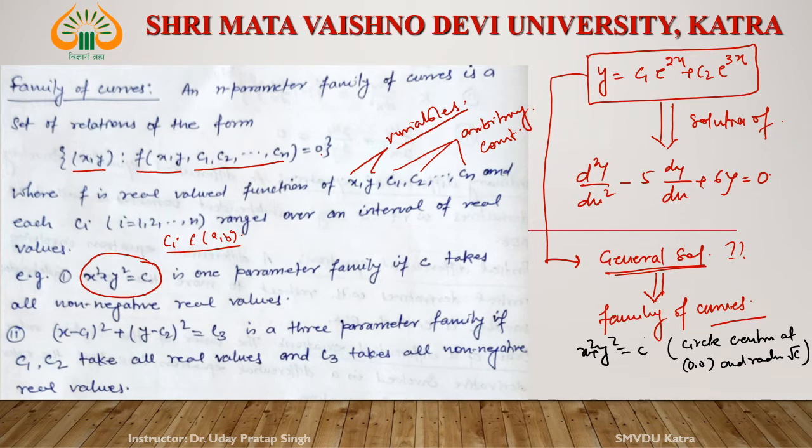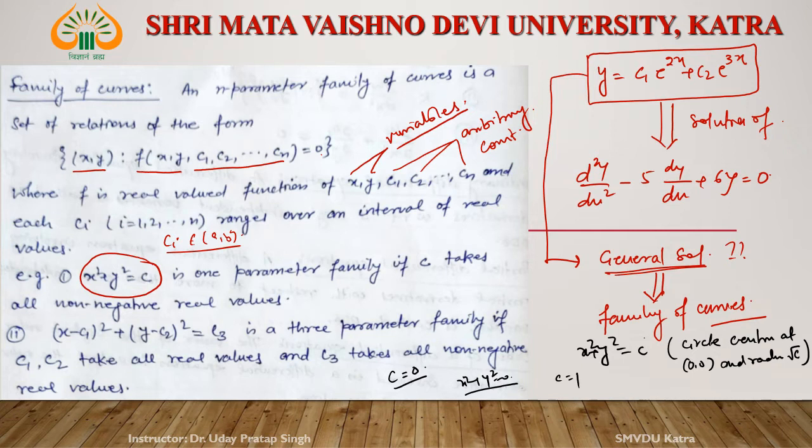Suppose c is 0. If c is 0, then what is this equation? x square plus y square equal to 0. This is a zero circle or point circle. If c is 1, then what is this?